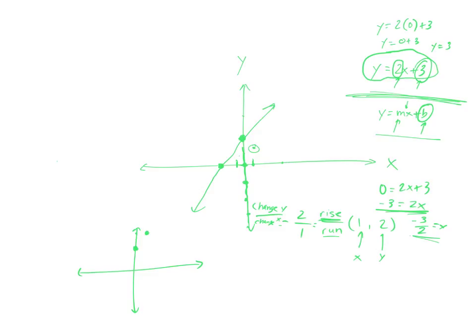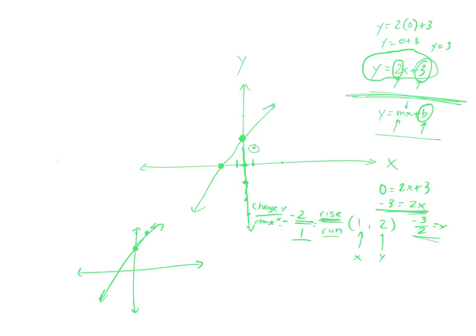See what I did there? I went up 2 and over 1. Rise, run. And then you connect them. Bam, and you're done. Now look, if you use this method, but you go the opposite way, right? Because if you subtract 2 and go left 1, then you're basically doing the same thing but going the opposite way.